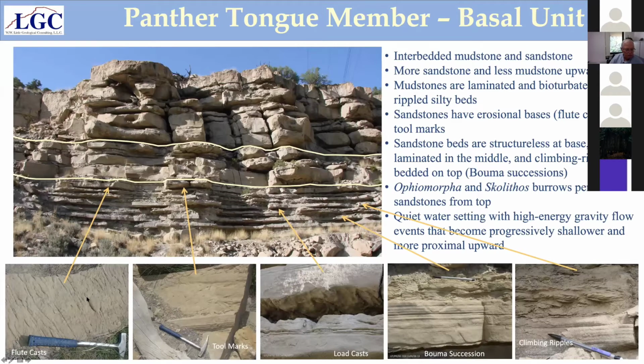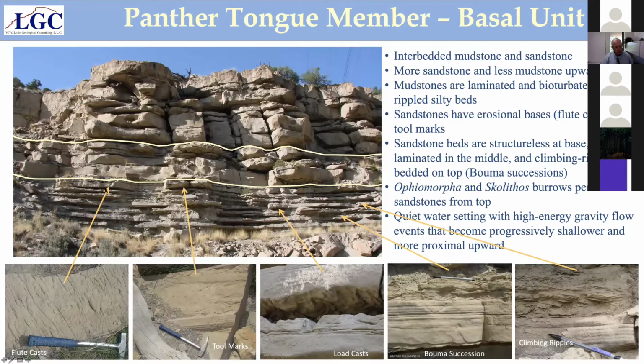And then they become filled by the sediment up above. The next picture over, tool marks. These are features that are formed as a stick or a clay clast or a shell, or some feature is dragged across the surface, gouging it and creating a groove that is later filled by sediment.